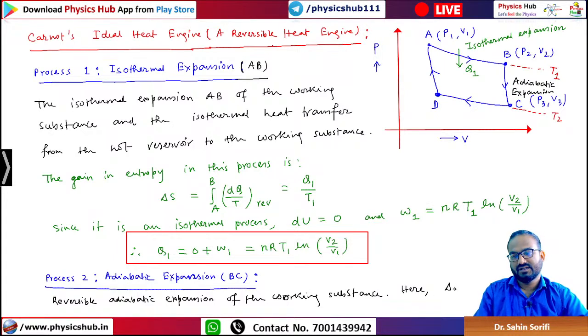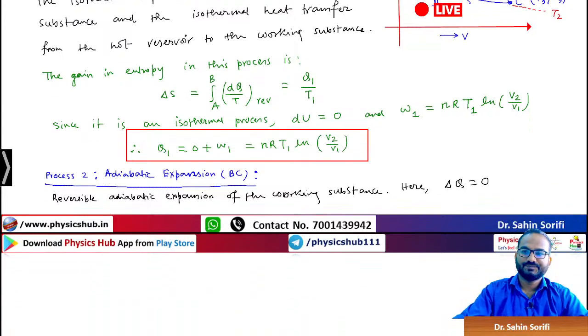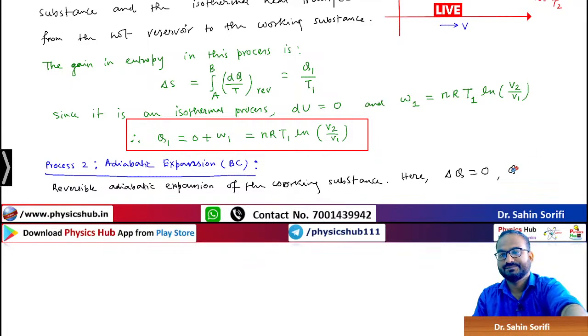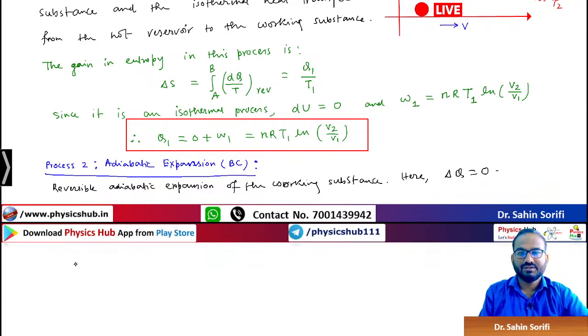Here delta Q equals 0, no heat exchange. So we can say Q2 is equal to 0. If delta Q is equal to 0, from the second law of thermodynamics, delta S is equal to delta Q by T. So if delta Q is equal to 0, there will be no change in entropy.